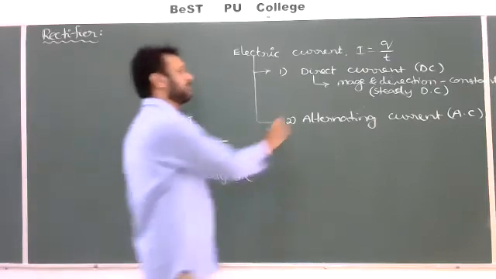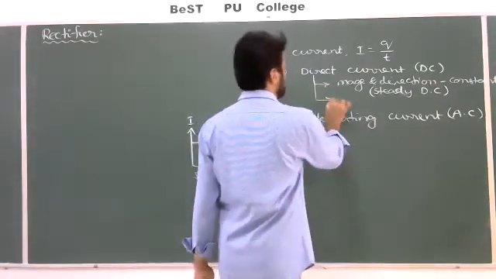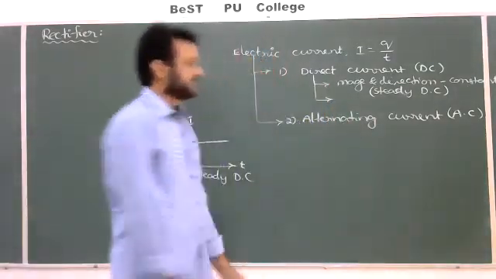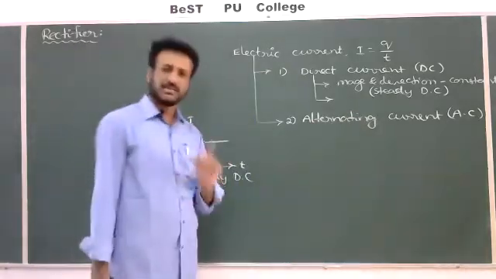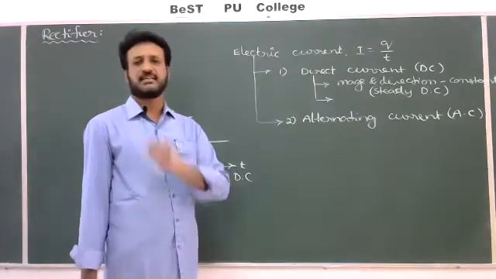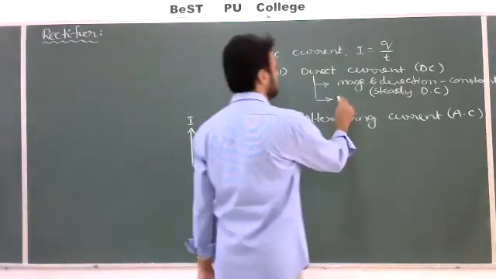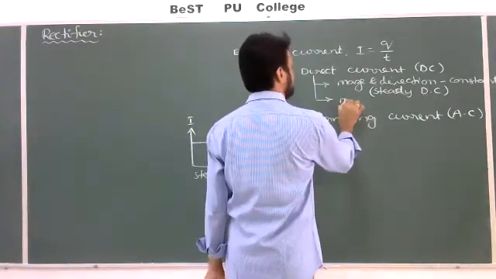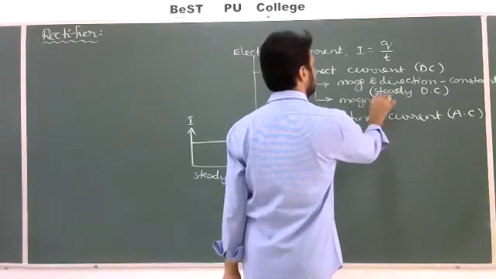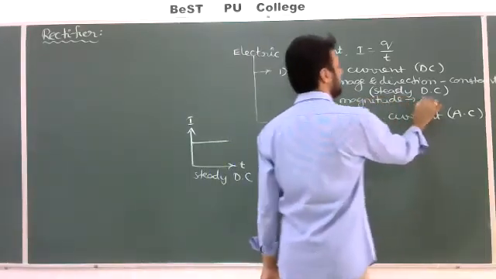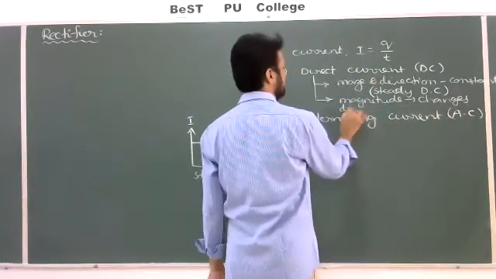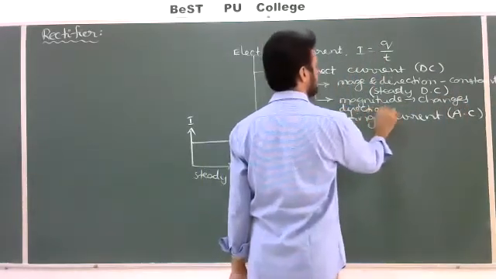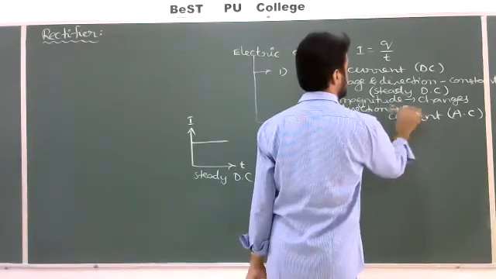But one more type of current is there. Here, magnitude changes but direction is constant.